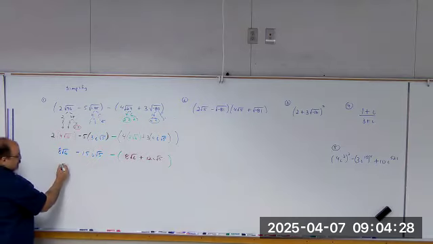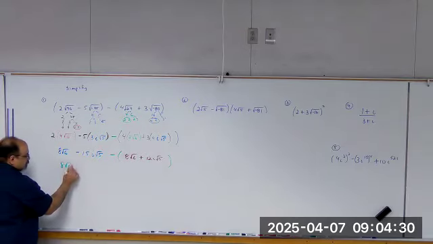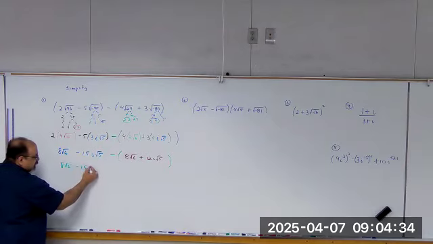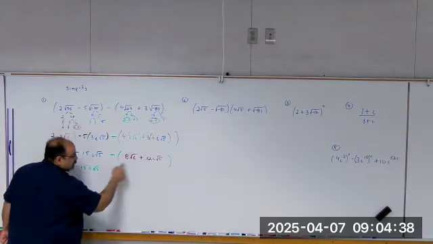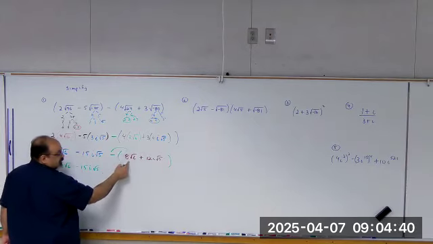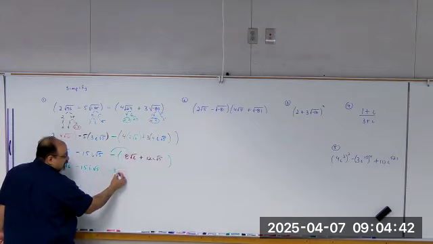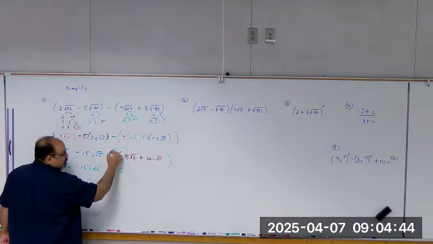So now 8 square root 6 minus 15i square root 5. Now I can distribute the negative. Minus a positive 8 square root 6 is now negative 8 square root 6.